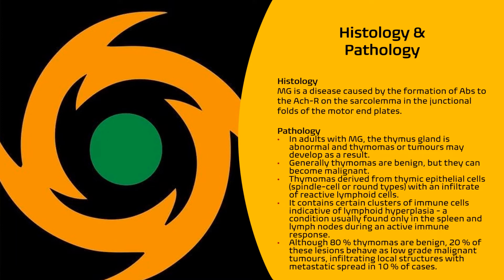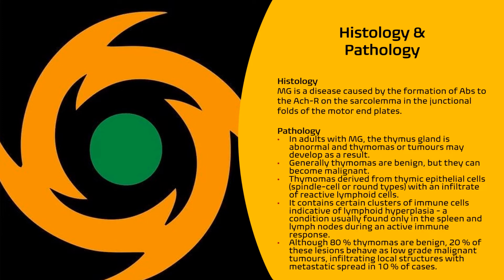Generally, thymomas are benign, but they can become malignant, and thymomas derive from thymic epithelial cells, or spindle cell, or round types of epithelial cells with an infiltrate of reactive lymphoid cells, and it's the lymphoid cells that actually cause more of the detriment alongside the neuromuscular junction aspect of myasthenia gravis patients.